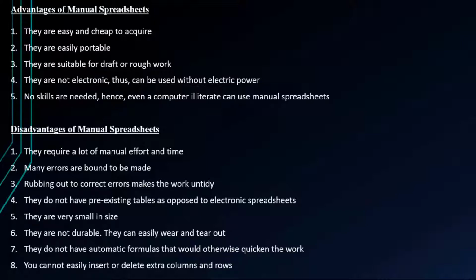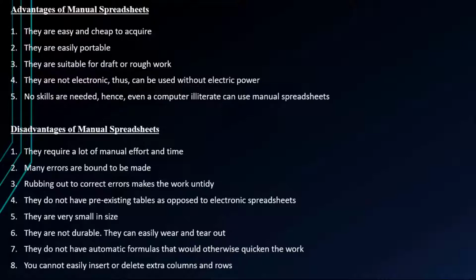Now, they do not have pre-existing tables as opposed to an electronic spreadsheet. Just imagine how we opened the online spreadsheet, okay? The one that works online, Google Sheets. I opened it and the rows were already there. I didn't have to get a ruler or a pen to draw those rows and columns, okay? Even with any other spreadsheet application you open on your computer, you'll find the rows and columns already drawn there for you. All you have to do is start using them.